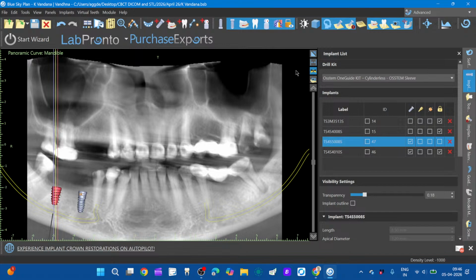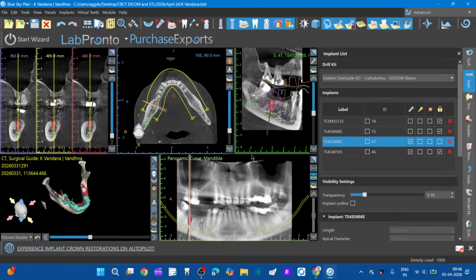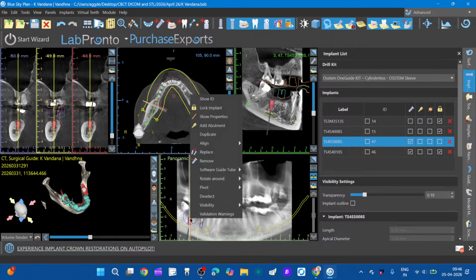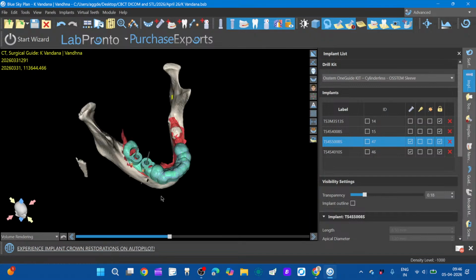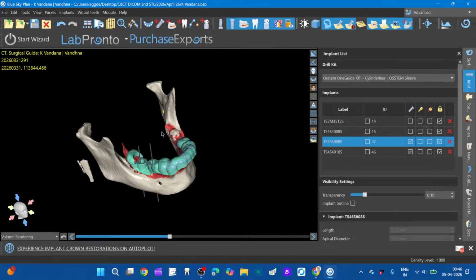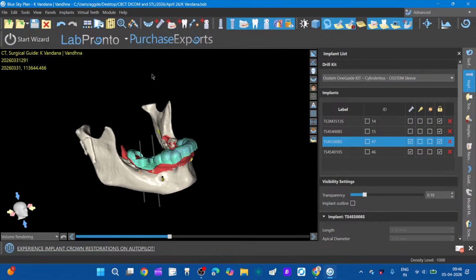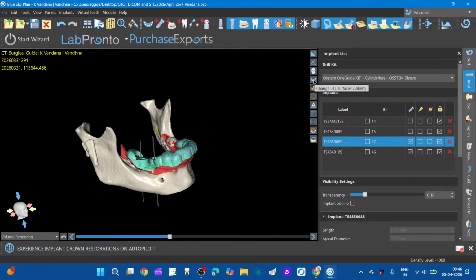Okay, so after you have planned the implants, you make this guide. I'll show you how to make the guide in the afternoon session.